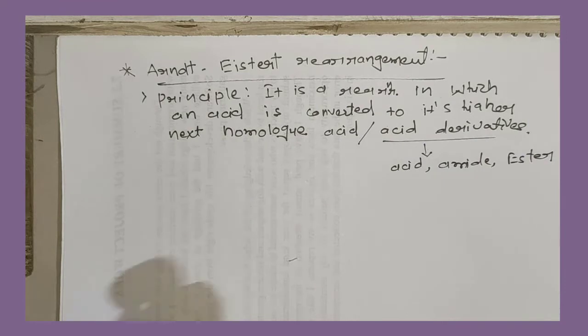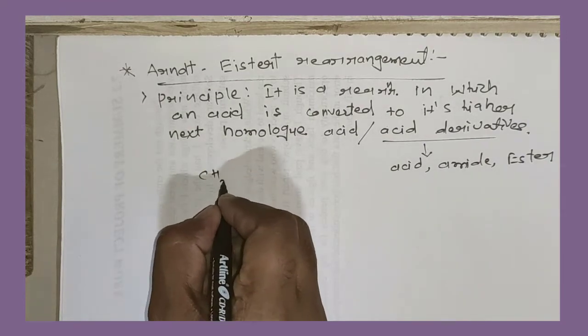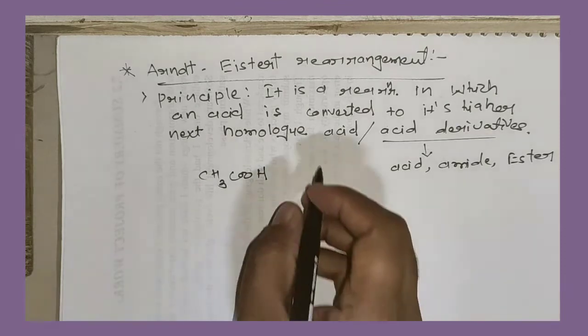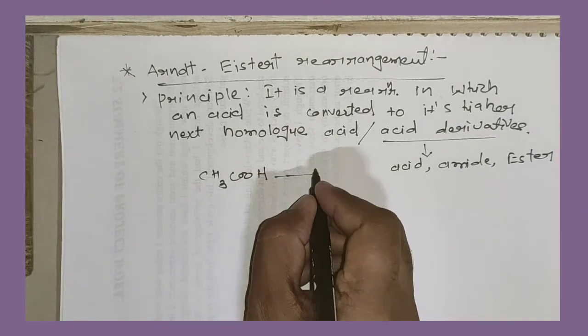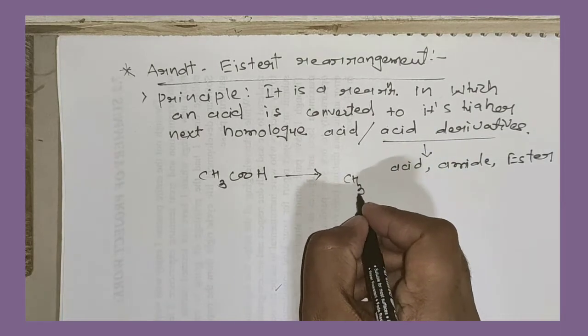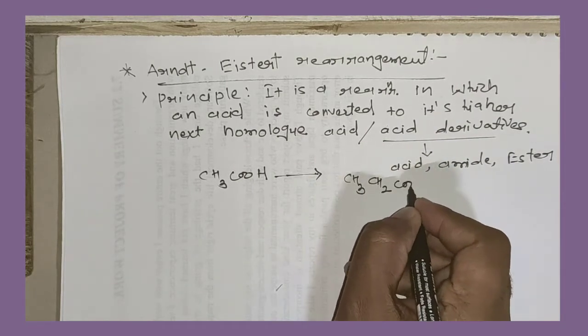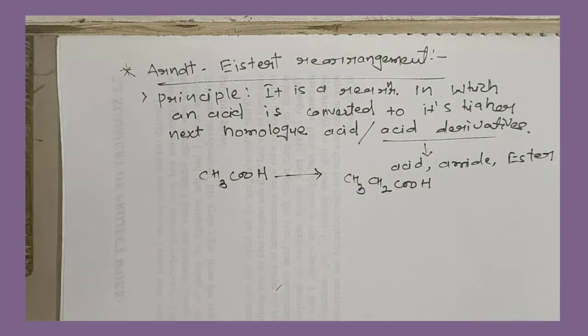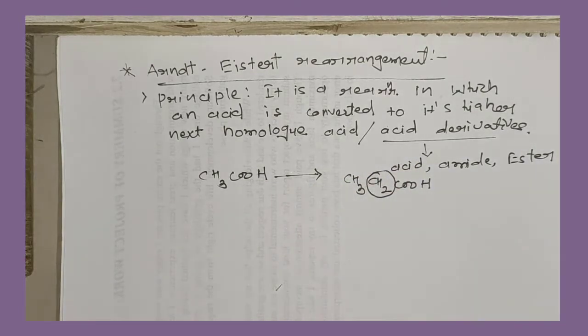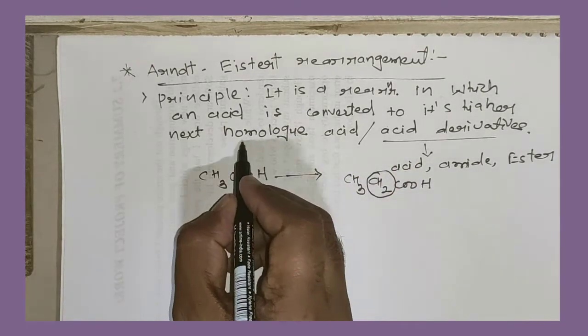Right? Let me take one simple example. Suppose we are starting the Arndt-Eistert reaction with acetic acid. By this reaction, this acetic acid is converted to CH3CH2COOH, a 3 carbon containing carboxylic acid, which is known as propanoic acid. So here one CH2 is added, so it is known as homologue.